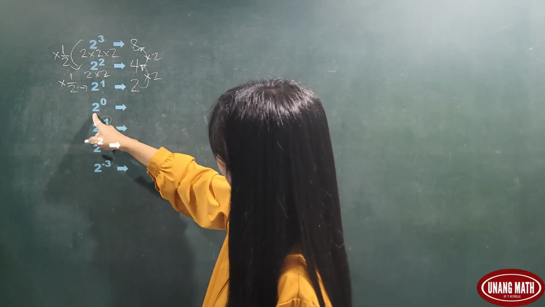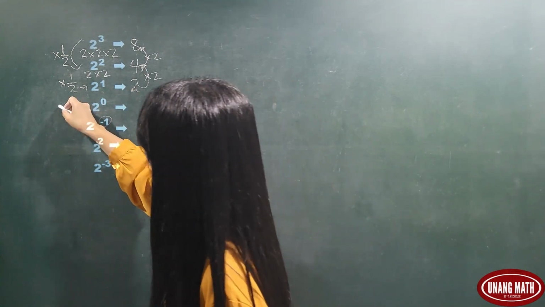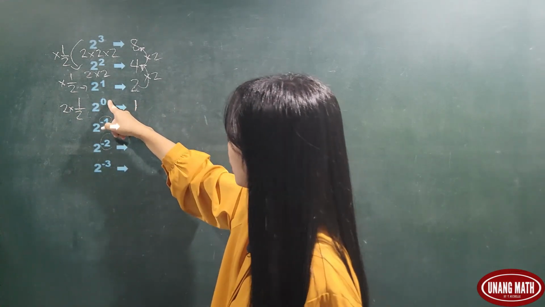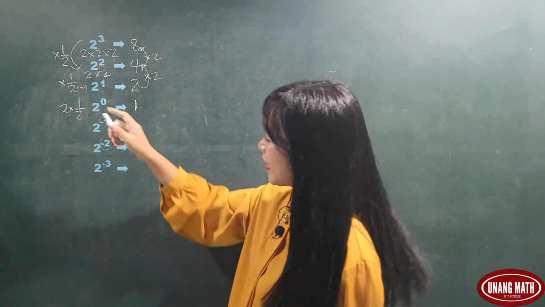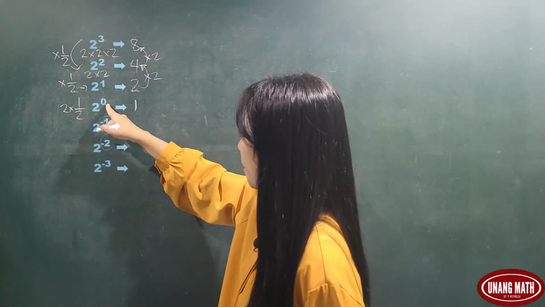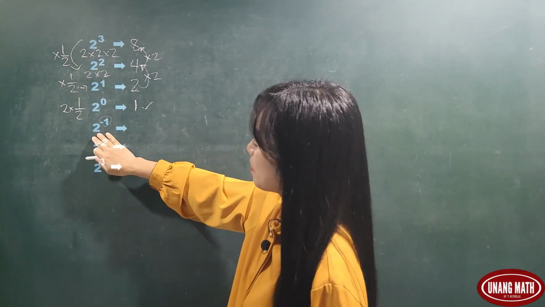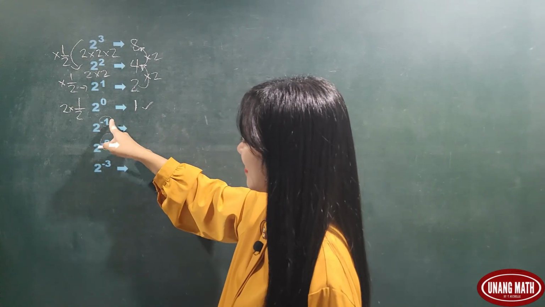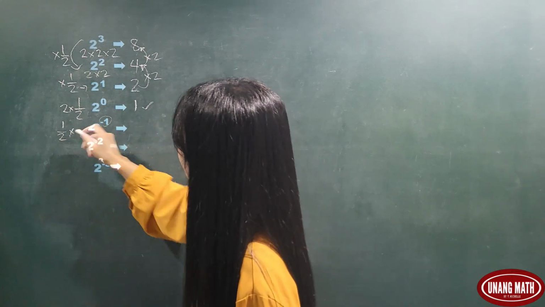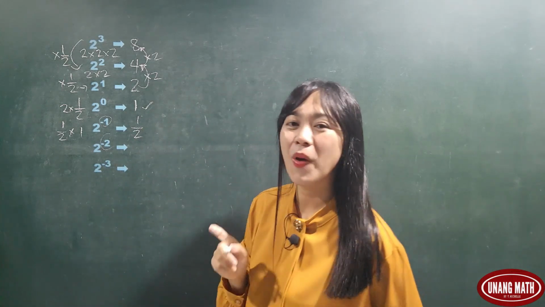Now, what will happen if the exponent is 0? That means 2 times 1/2, so meaning 2 raised to the power of 0 is 1. So any number that is raised to a 0 exponent, then that is equal to 1. Now let's take a look at what will happen if the exponent is negative 1. This is 1 times 1/2, which is equal to 1/2.